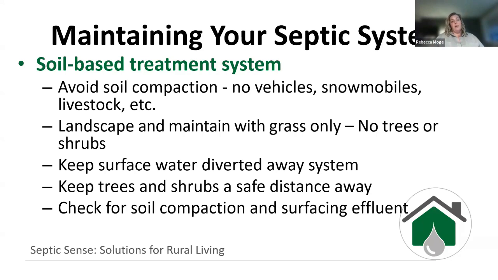So being aware of our landscaping decisions and when and where we're planting things. And yeah, not letting people drive over the system. They'll likely get stuck and it will ruin your system. And it's not a place for a vegetable garden, all of those things. So things to be aware of when we're making those decisions.